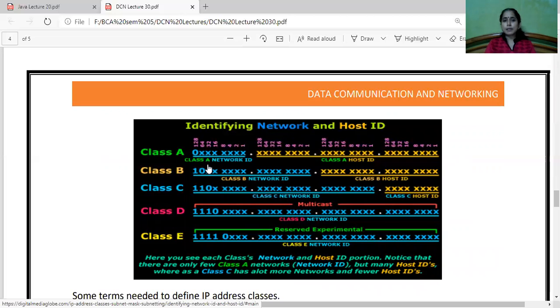तो आप देख सकते हैं कि per network number of host is very large in address class A. Address class B में balance है first 2 bytes, first two parts, part 1 and part 2, they are network IDs, and part 3 and part 4 are host IDs.